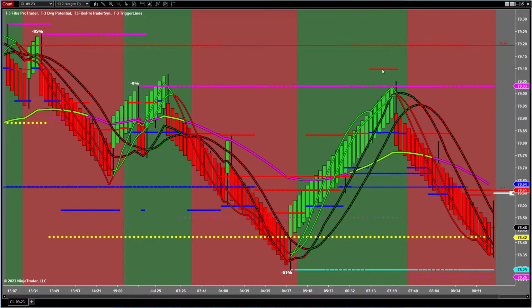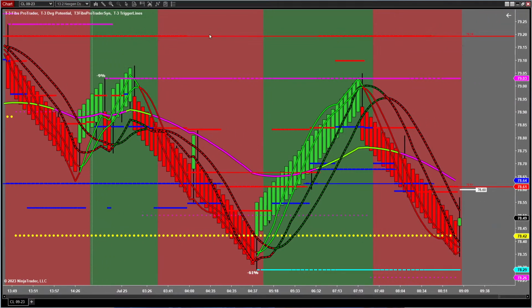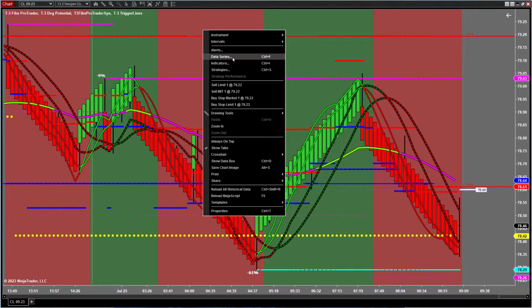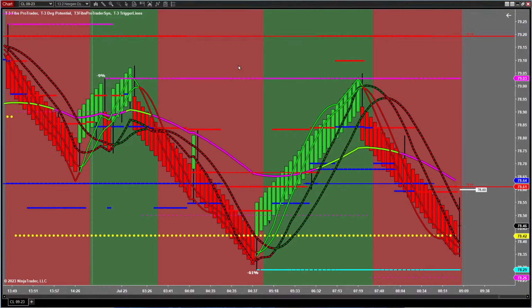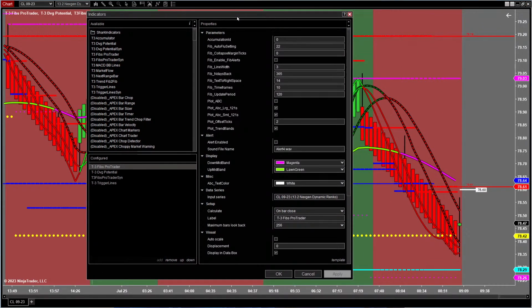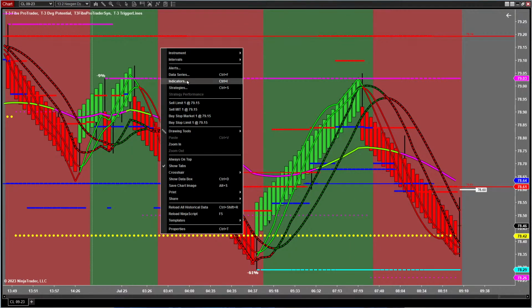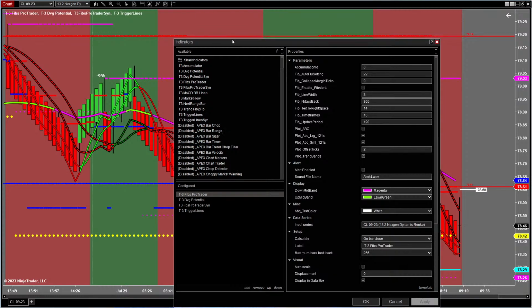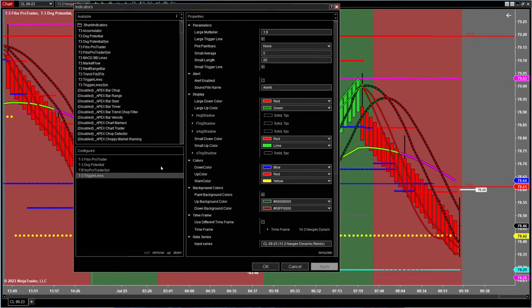triggers. One of the things that we did yesterday, which I always find an easy exercise, is I went into the indicators. So just basically right-clicked on the chart, went into indicators, and in the T3 trigger lines, instead of making the large trigger line bigger, I just made it a 1 instead of a 1.9.